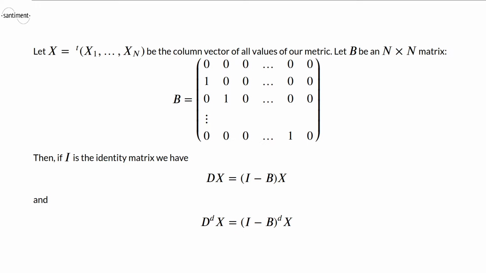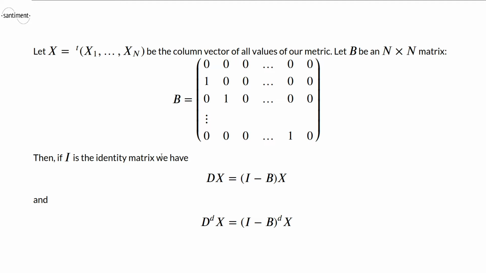Basically, raising this matrix B to some power means that if you compute it, you'll see that the diagonal under the main diagonal starts moving down. If you raise it to the second power, this diagonal will become 0, and then the next diagonal will become equal to 1. And so on.